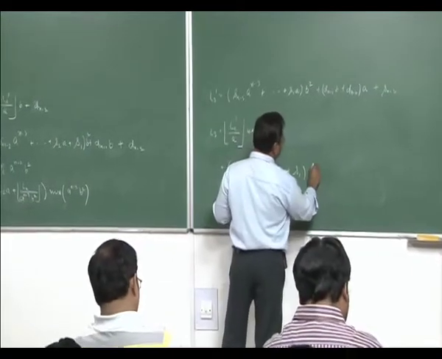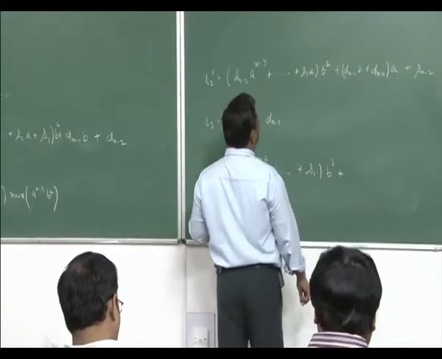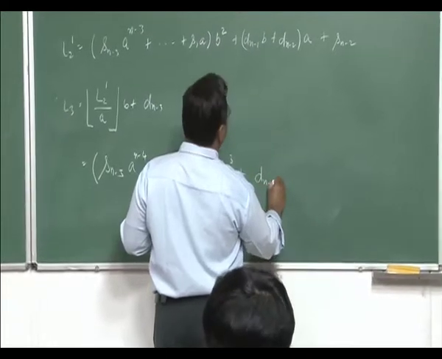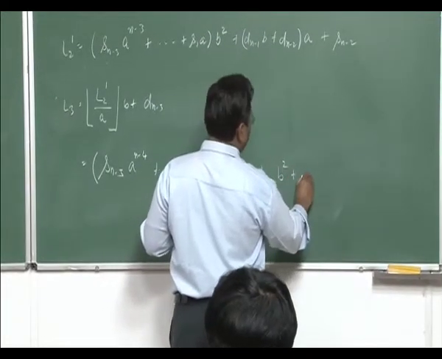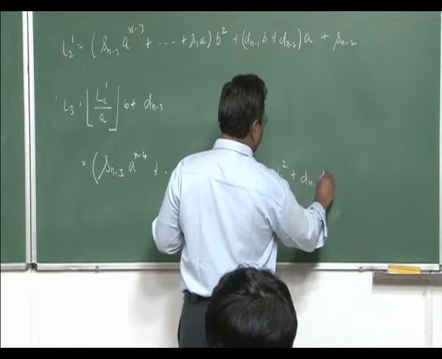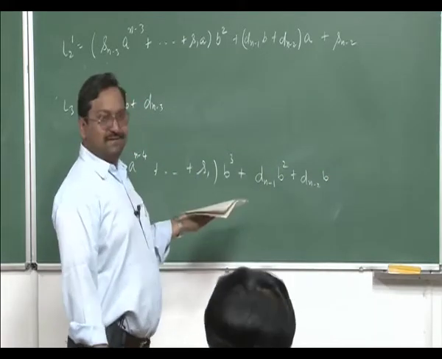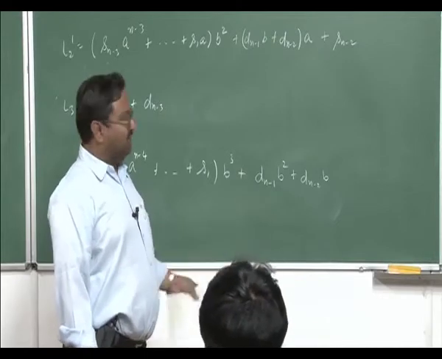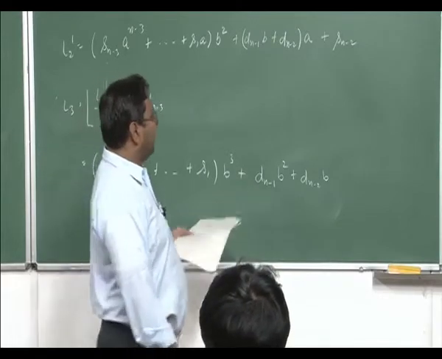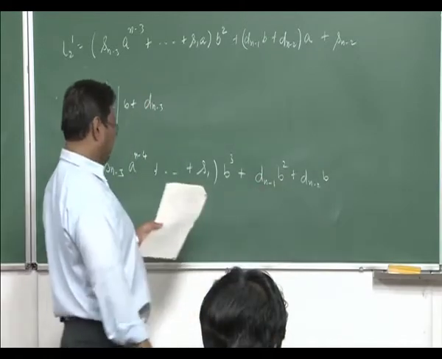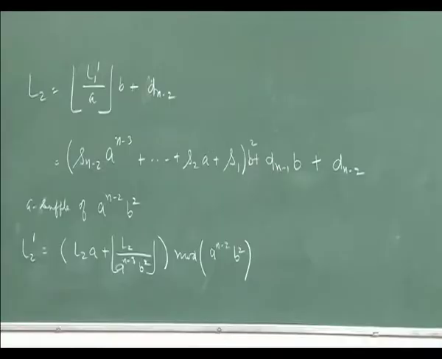You will multiply it by B, so it will be B cube. This thing will be divided by A. So these are being wholly divided by A, so it does not matter. The last one will not remain there, and then I multiplied by B, so I will get this value plus dn minus 3.